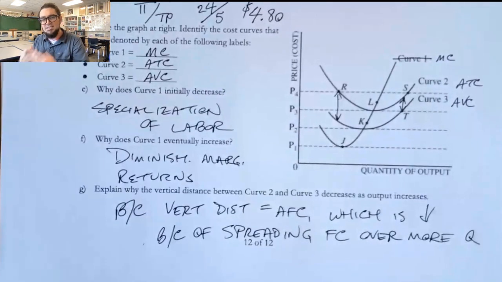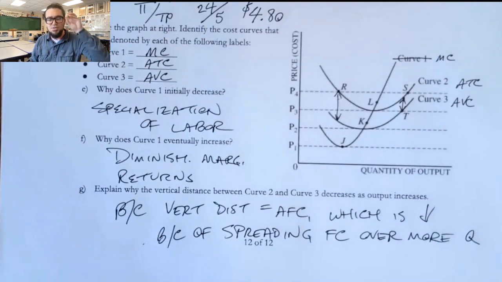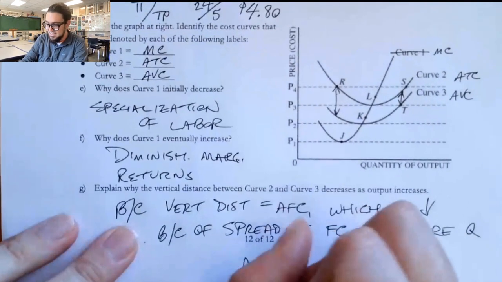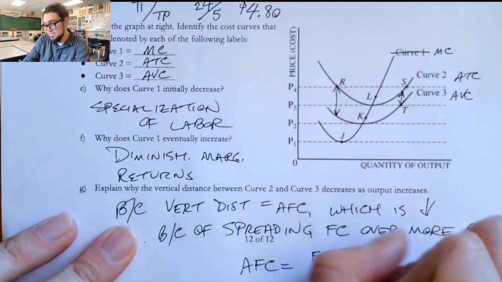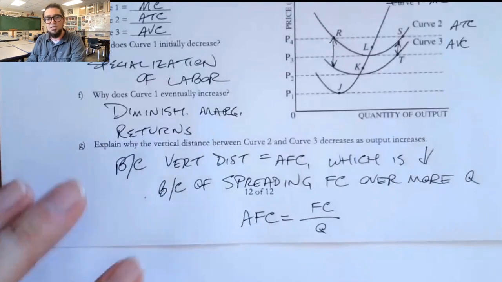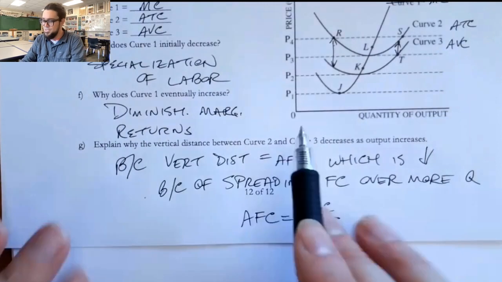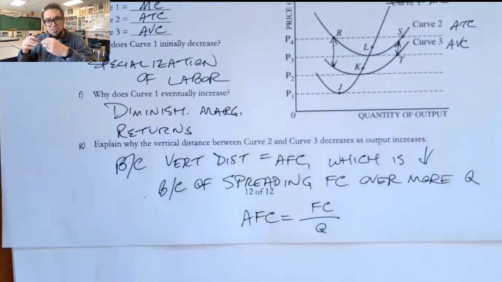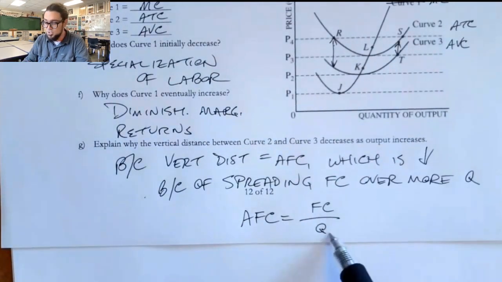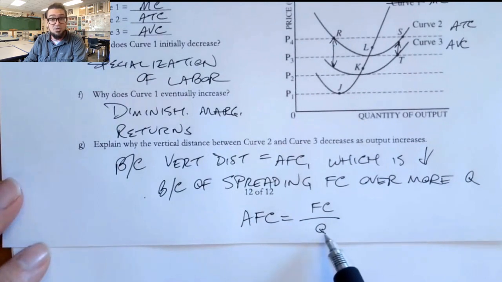That's basically like saying, well, we're taking the fixed cost and we're just dividing by ever larger numbers. So the numerator of that fraction, AFC equals fixed cost divided by the quantity or the total product, the numerator is never going to change. But as we continue to produce units of output, that is going to get smaller and smaller because this denominator gets bigger and bigger over time.